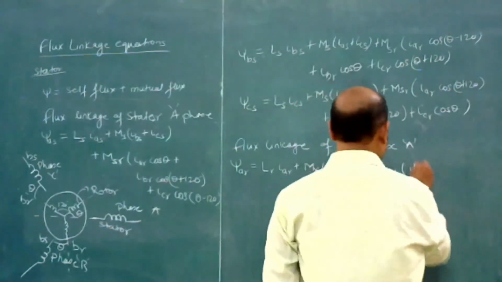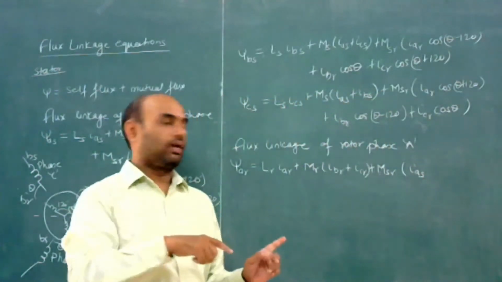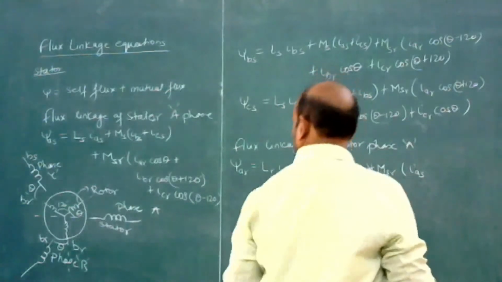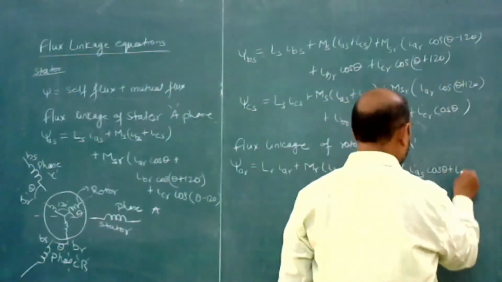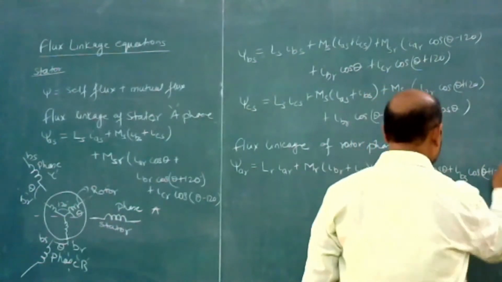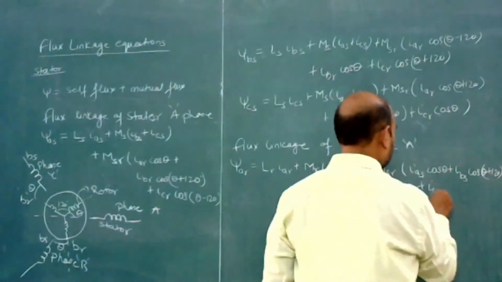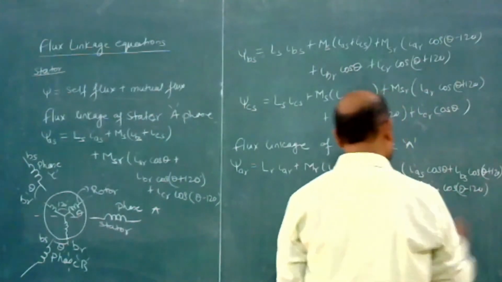Into current, this will be due to current flowing in stator winding phase A, cos theta, plus IBS cos theta plus 120 degrees, plus ICS cos theta minus 120 degrees.